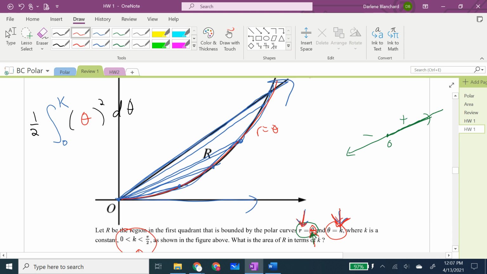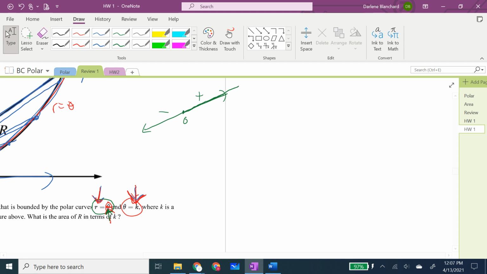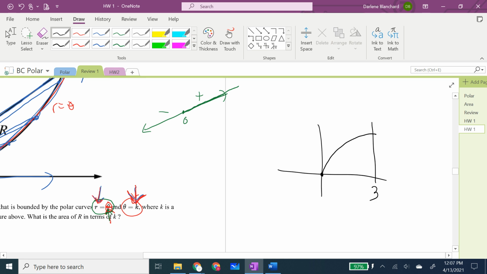So that's like when we were doing rectangular. Say you were looking at a particular curve and it was bounded by, say, x equals 3, and you were looking at area in quadrant 1 bounded by this graph and x equals 3.